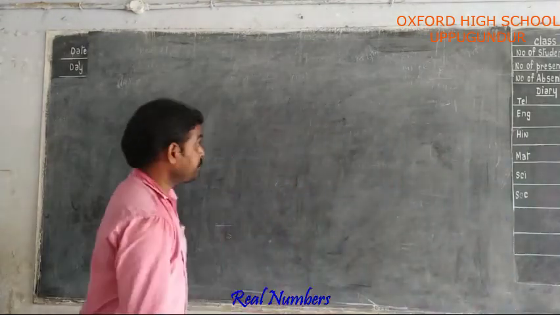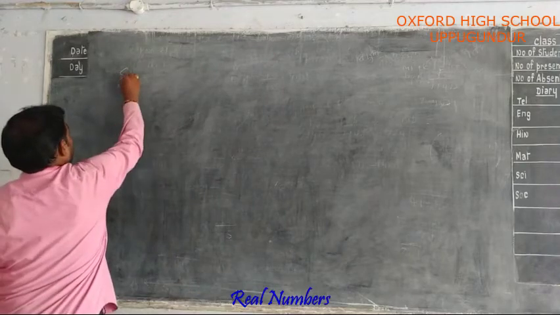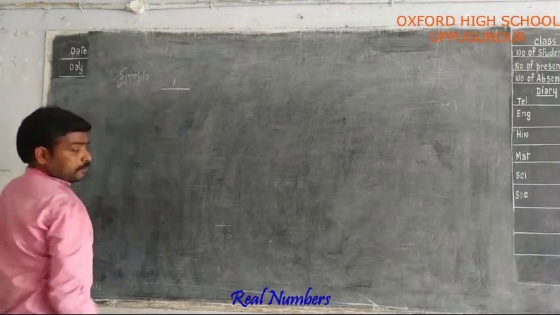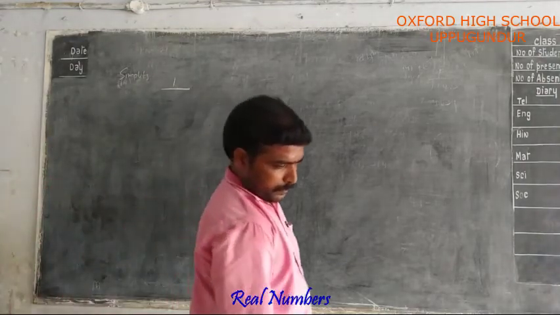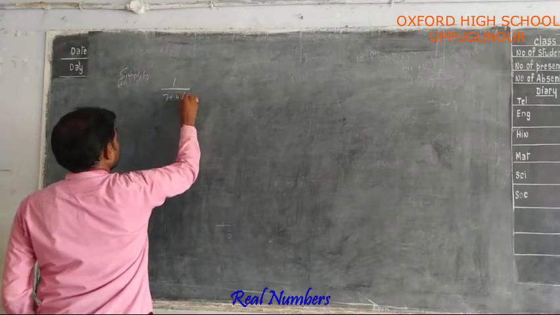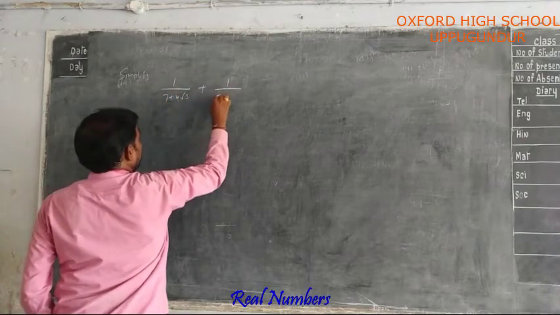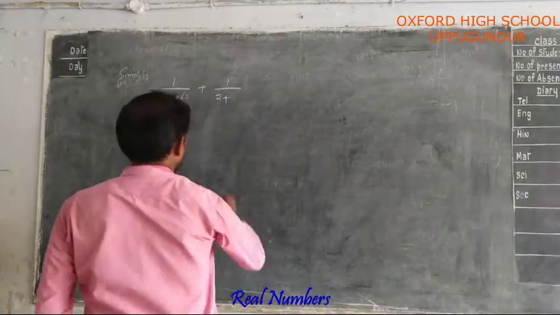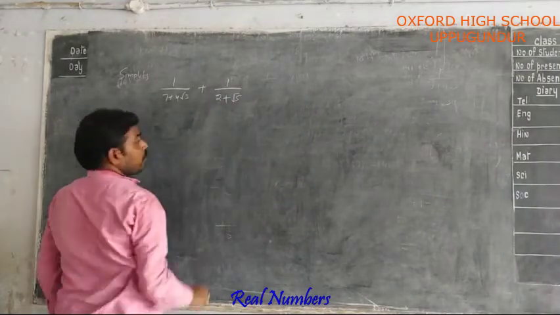Simplify 1 by 7 plus 4 root 3 plus 1 by 2 plus root 5. So you have to simplify these two.